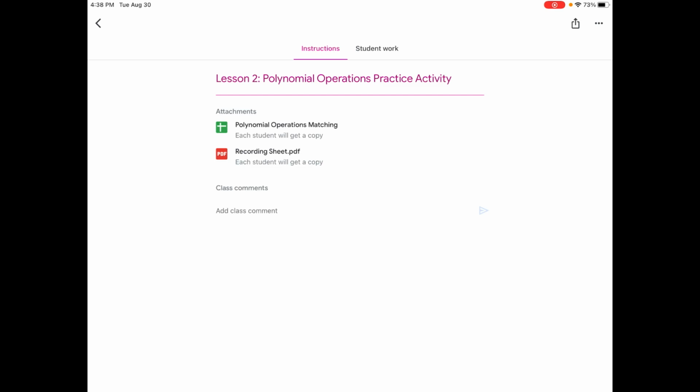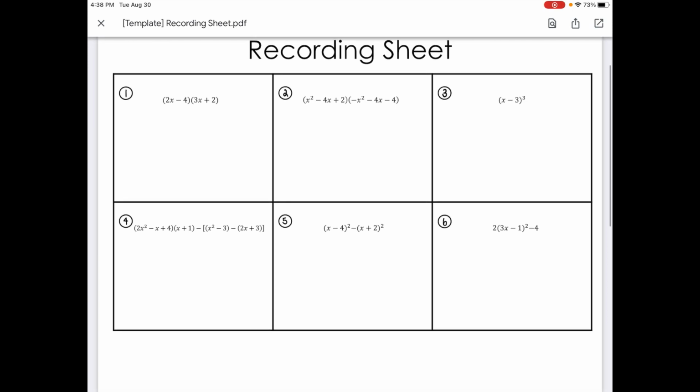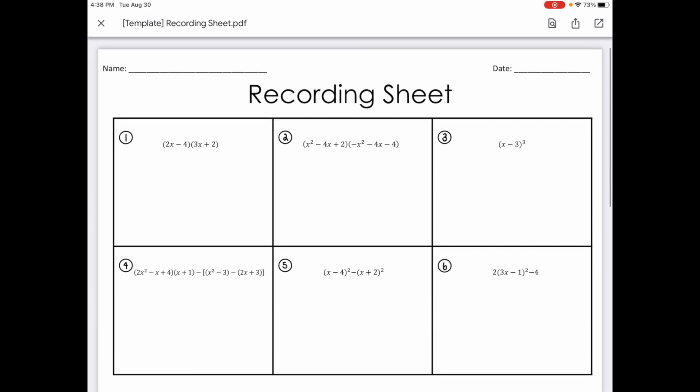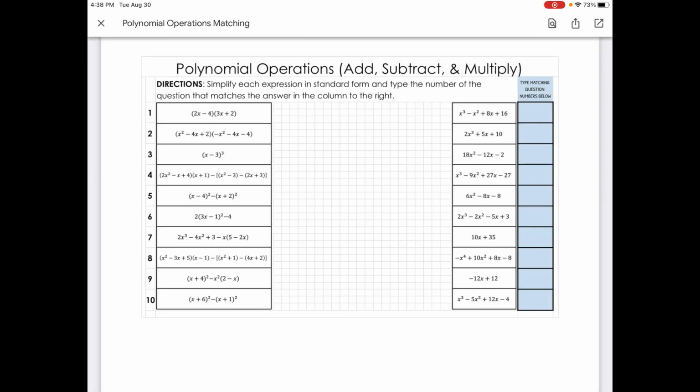There's a polynomial operations matching activity, and then there's a recording sheet. The recording sheet just has the questions there, and you can do your work on there, or you could just do it on scrap paper. It really doesn't matter. But if you click this, it's going to create your own copy.